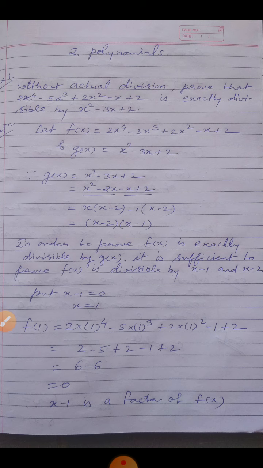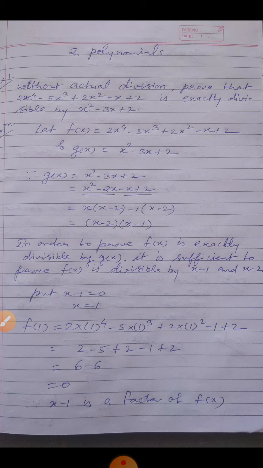First of all find the zero. Put x minus 1 equal to 0, then x equals 1. Here 1 is the zero. If 1 is a zero, then it will be a factor. So find the remainder. Put x equal to 1 in f(x): 2 into 1 to the power 4 minus 5 into 1 to the power 3 plus 2 into 1 to the power 2 minus 1 plus 2.